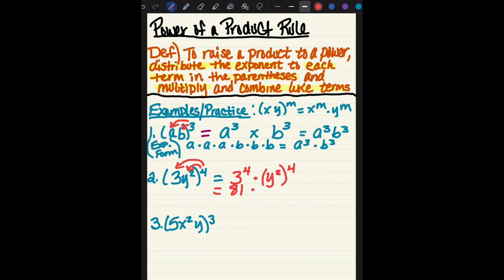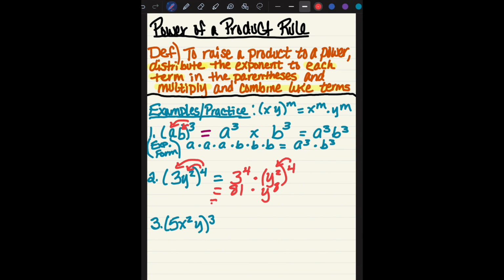Remember, when we have an exponent on the inside and an exponent on the outside, you multiply those exponents together. We keep y as our base, and 2 times 4 is 8, so 8 is our new exponent.